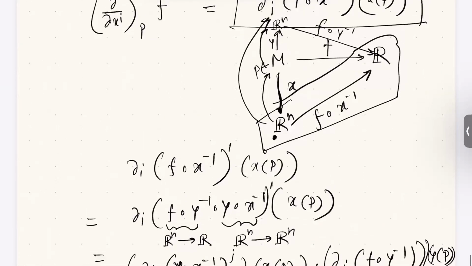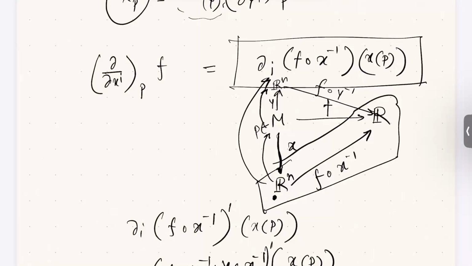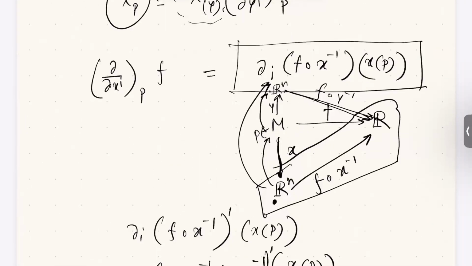And then this is f of y inverse, which is this map. That means I need to consider the point here, and that point will be y of P.